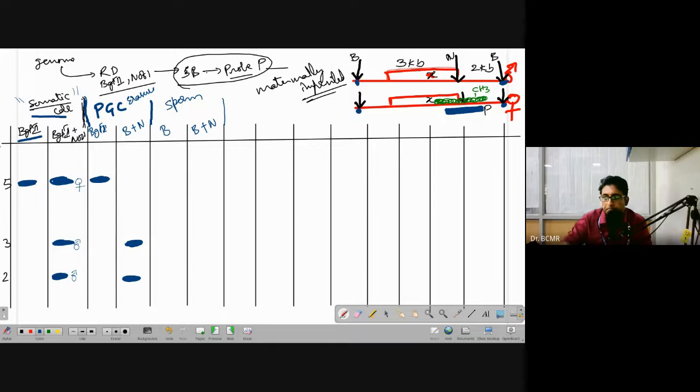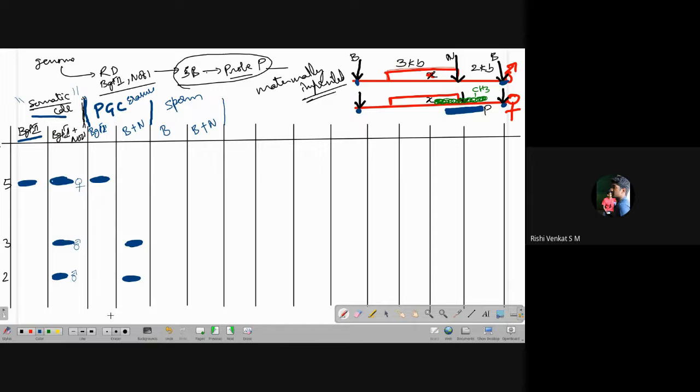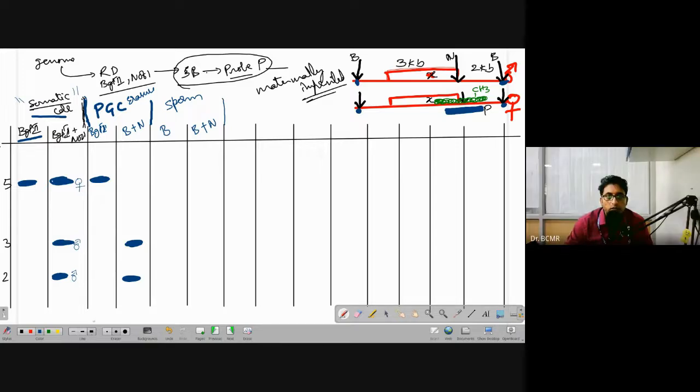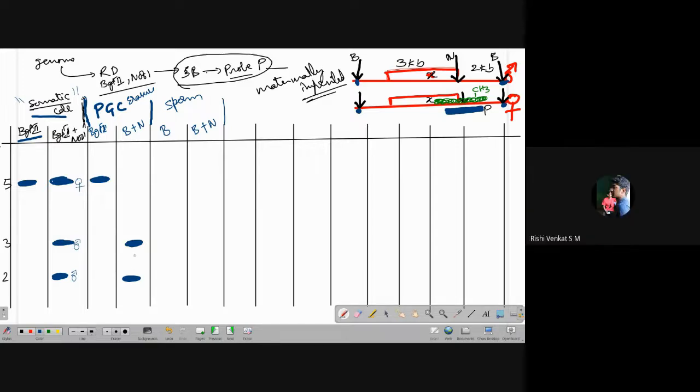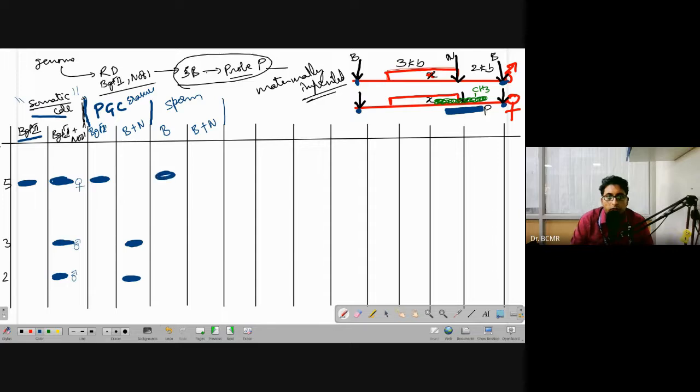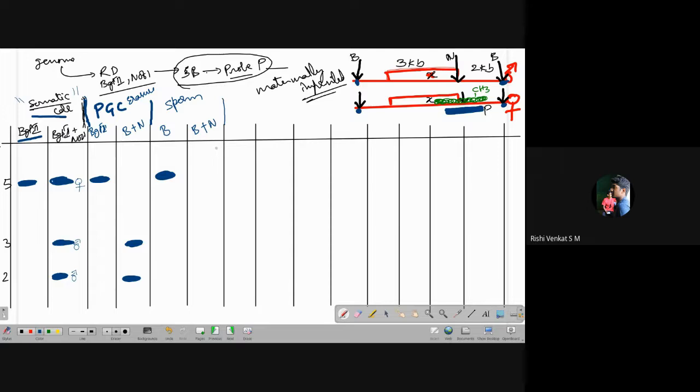Anybody? Same as somatic cell? Just say what it is, I will then know. We'll have 5 kb. BGL2, okay, this is fine. Yes, you're right. What do you expect with BGL2 plus NOT1? 5, 3, and 2.